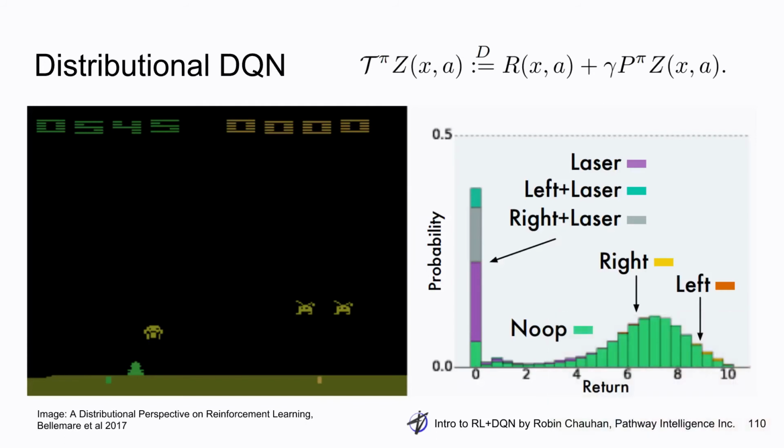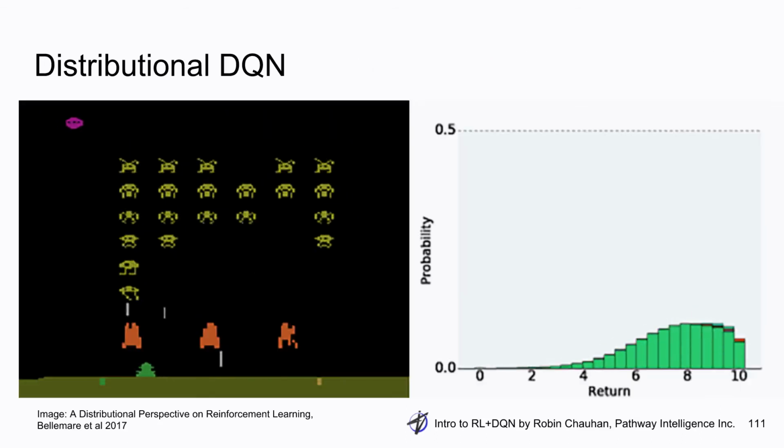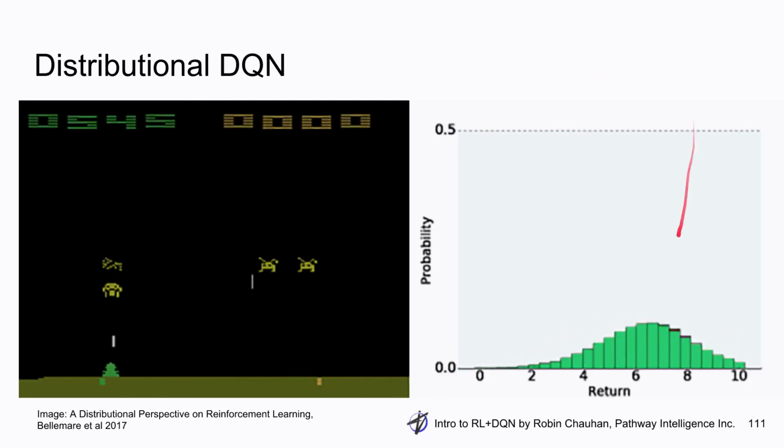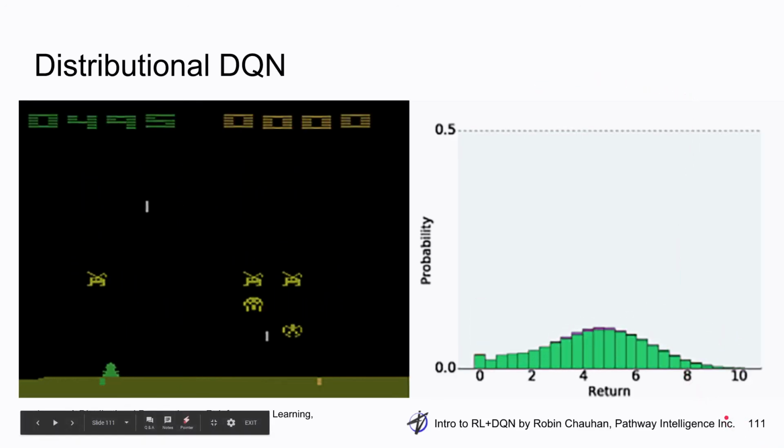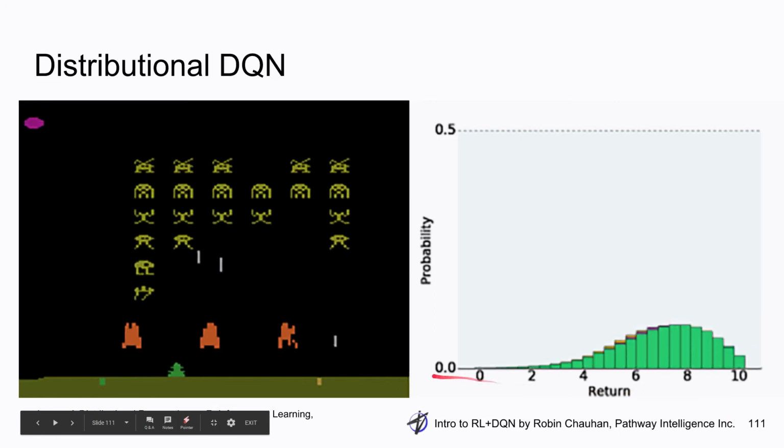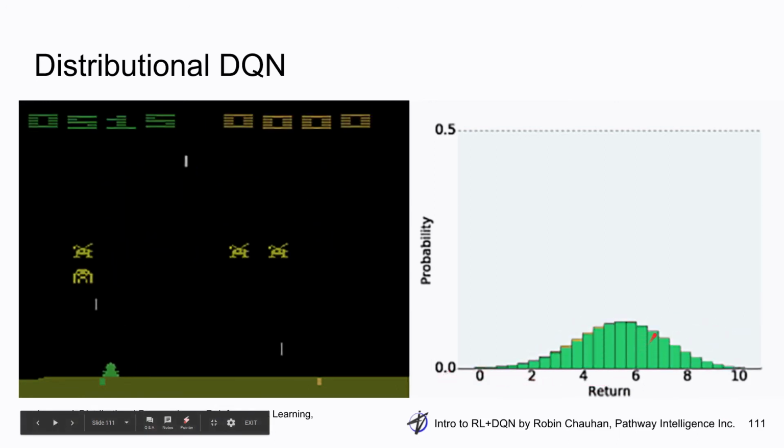Then there's distributional DQN. This is a very interesting one, where instead of just modeling the reward, they model the reward as a full distribution, like actually 51 buckets. And this helps learning a lot. So here's an example of playing Space Invaders with the distributional reward. And you can see the different colors.